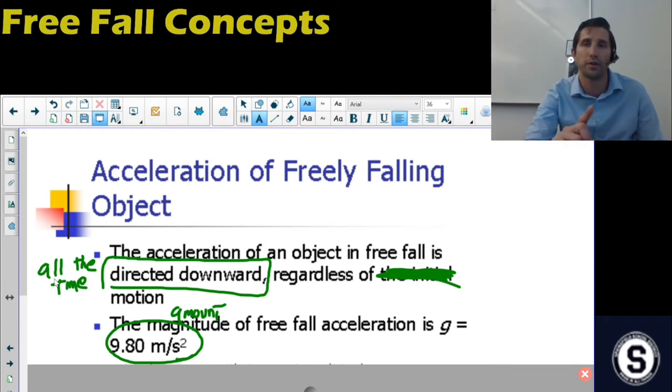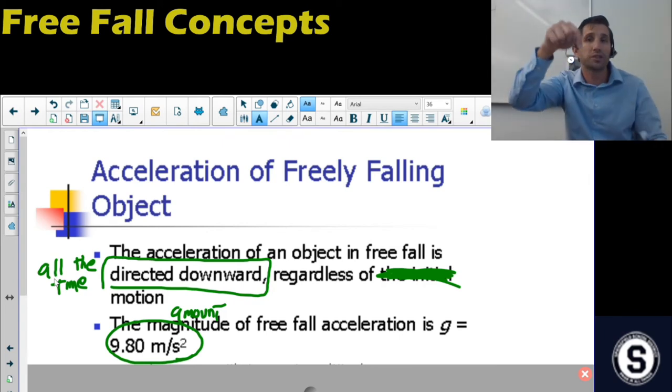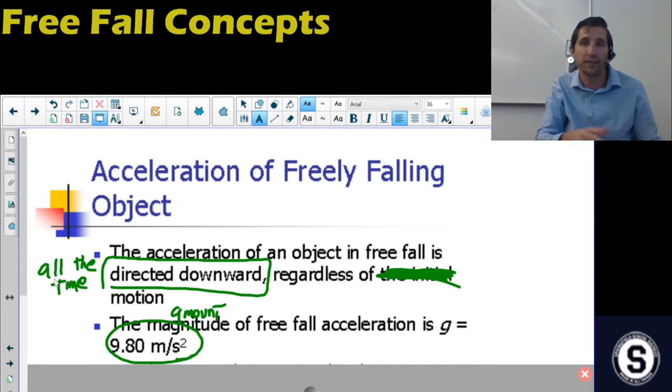We want to make sure that we don't get confused between the velocity of the object and the acceleration of the object. We can have an object that's moving in the upwards direction but has a downwards acceleration, remember. The fact that it's moving upwards just means it has an upwards velocity, not necessarily an upwards acceleration.